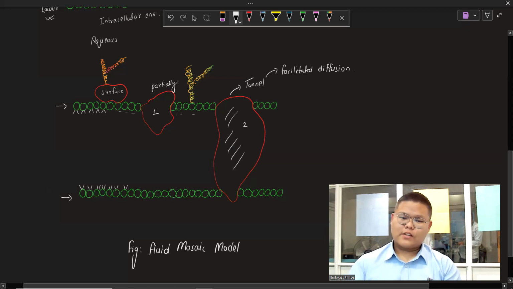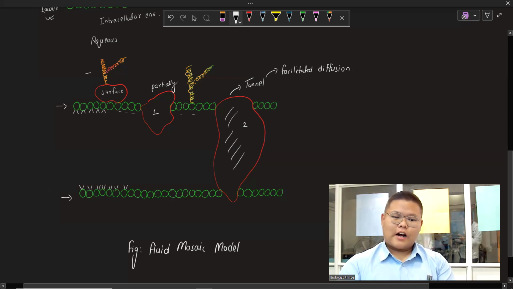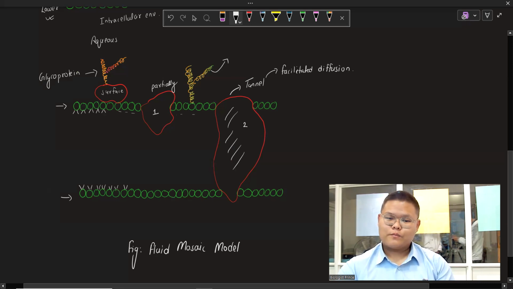Now what you can see here are the carbohydrate molecules attached to the protein. We refer to carbohydrate with the prefix glyco, so we add protein here, so it is a glycoprotein, and this one is simply a glycolipid because it is attached to the lipid layer.